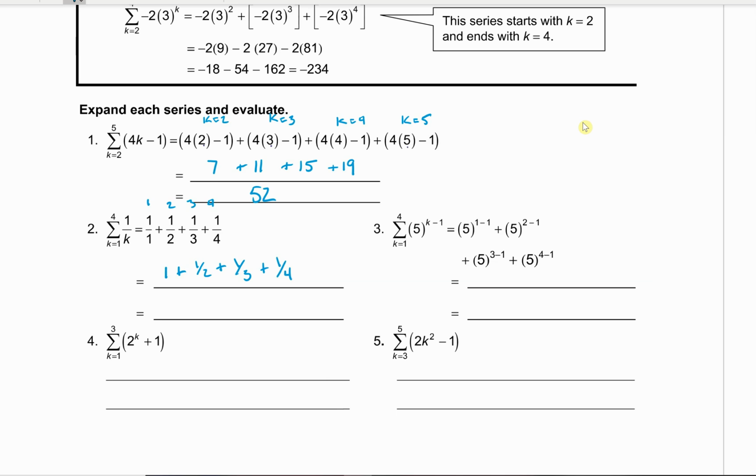You can use the alpha y equals, remember that, on the graphing calculator, the alpha and then the y equals key, and that will bring up your fraction menu, and you'll be able to add them up that way.